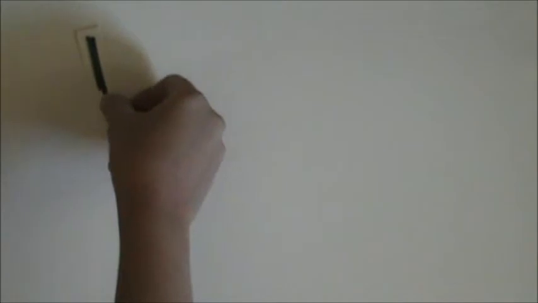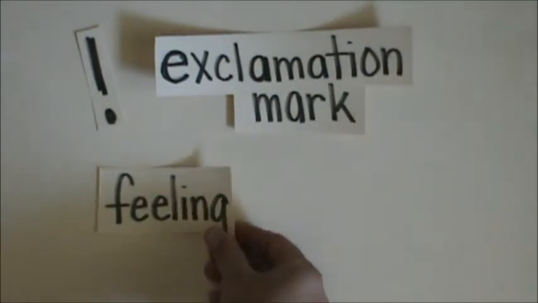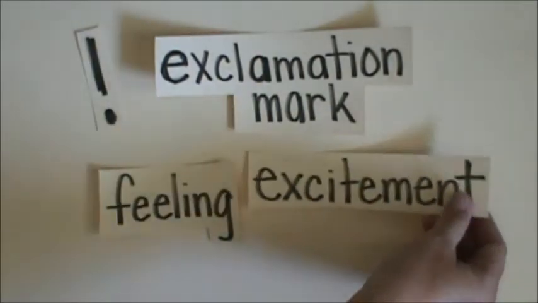Our last end mark is the exclamation mark, or exclamation point, as some people call it. The exclamation mark is used when we are writing sentences that show feeling or excitement. Exclamation points can get a little bit tricky.